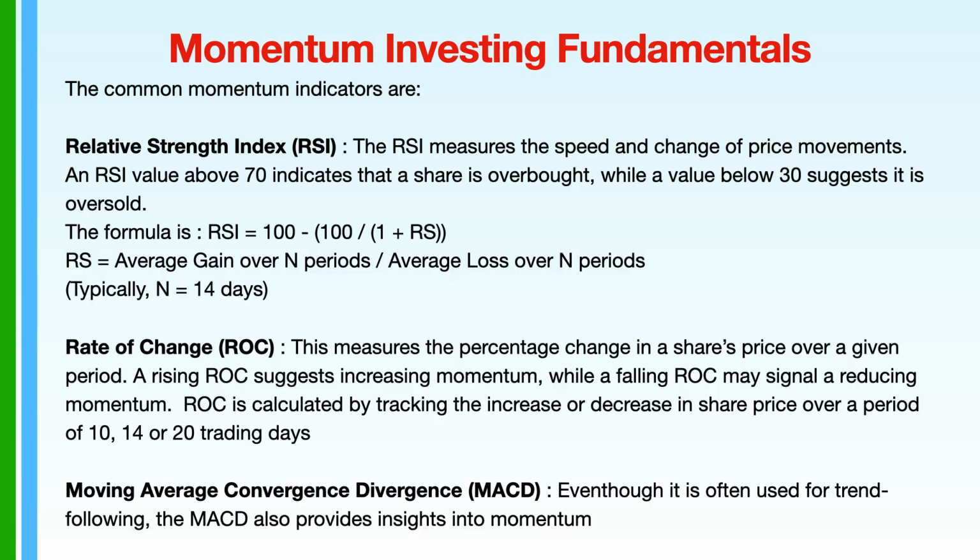Then, moving average convergence divergence, or MACD. Even though it is often used for trend following, the MACD also provides insights into momentum. You may wish to study these topics in greater detail using dedicated books.